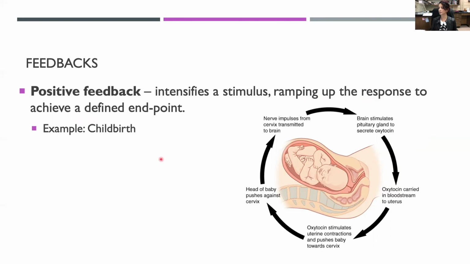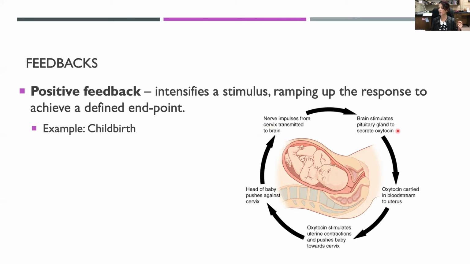So here we have oxytocin that stimulates uterine contractions that pushes the baby forward. That baby's head is going to hit upon the cervix, and then nerve impulses from the cervix are transmitted to the brain. The brain then gets triggered to produce what we know as oxytocin.